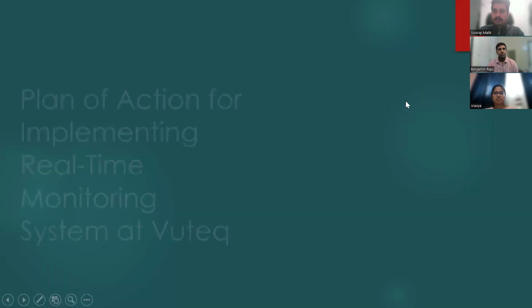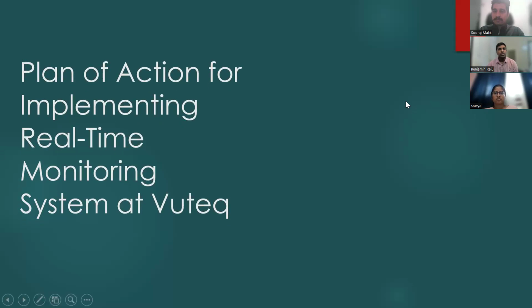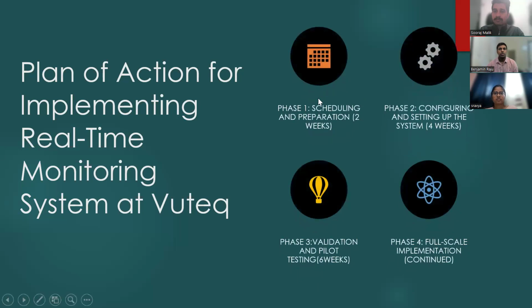Now the plan of action for implementing the real-time monitoring system at Viewtech. In phase one, scheduling and preparation, which takes around 2 weeks. In phase two, configuration and setting up of the real-time monitoring system at Viewtech, which takes around 4 weeks.